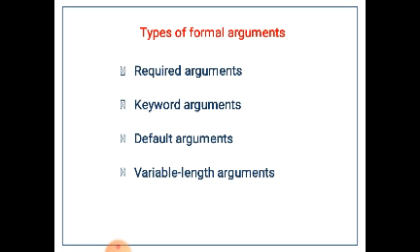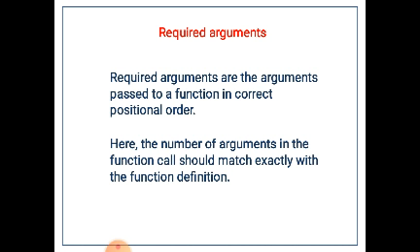Now, what is the difference between all these 4 arguments? All are arguments, but there is some difference between them. Now we are going to briefly discuss the required arguments.